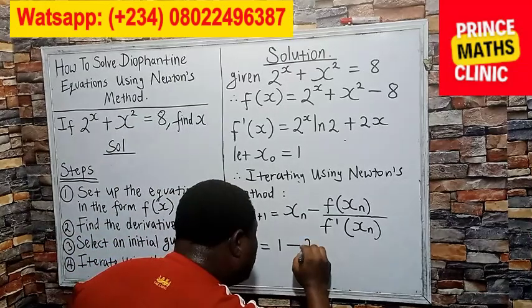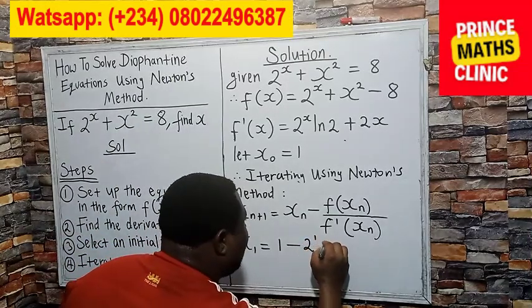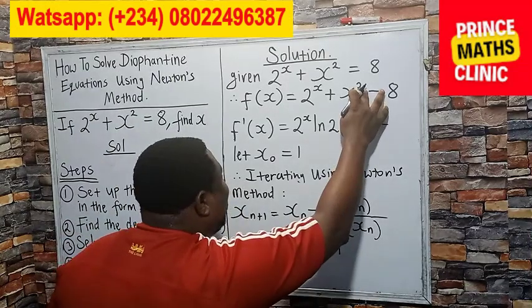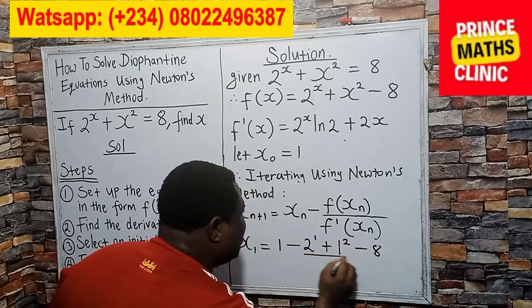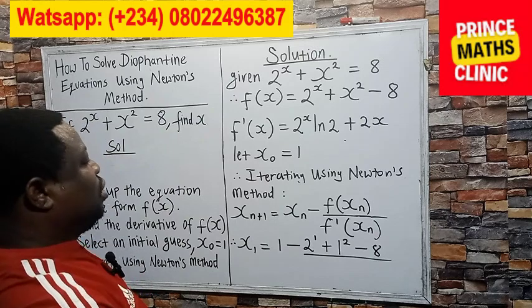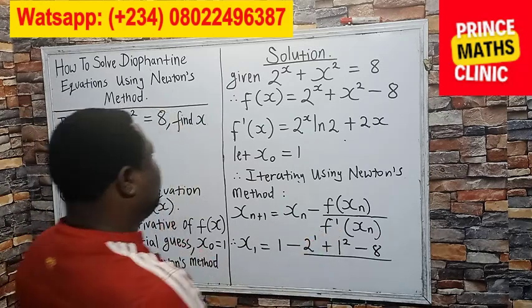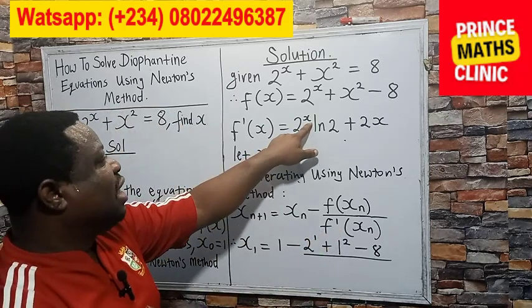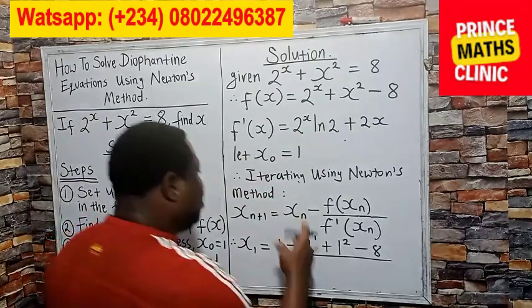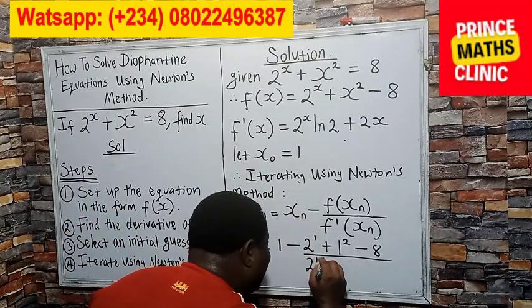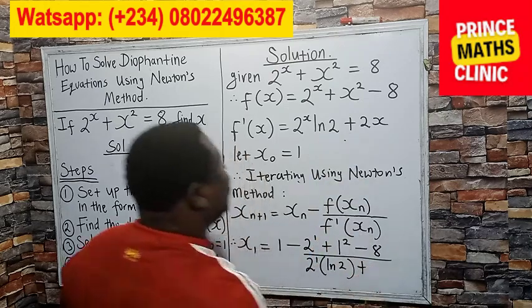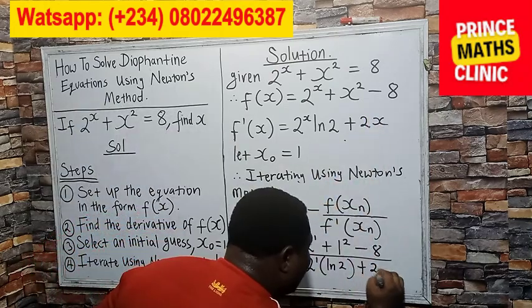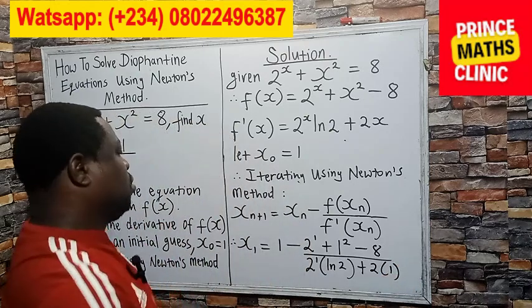So this is 2 to the power of 1 plus 1 to the power of 2, then minus 8. Then everything here, remember, is over the derivative, which is this. So anywhere I see x again, I'm going to put 1. So this means 2 to the power of 1 ln of 2 plus 2 times 1.